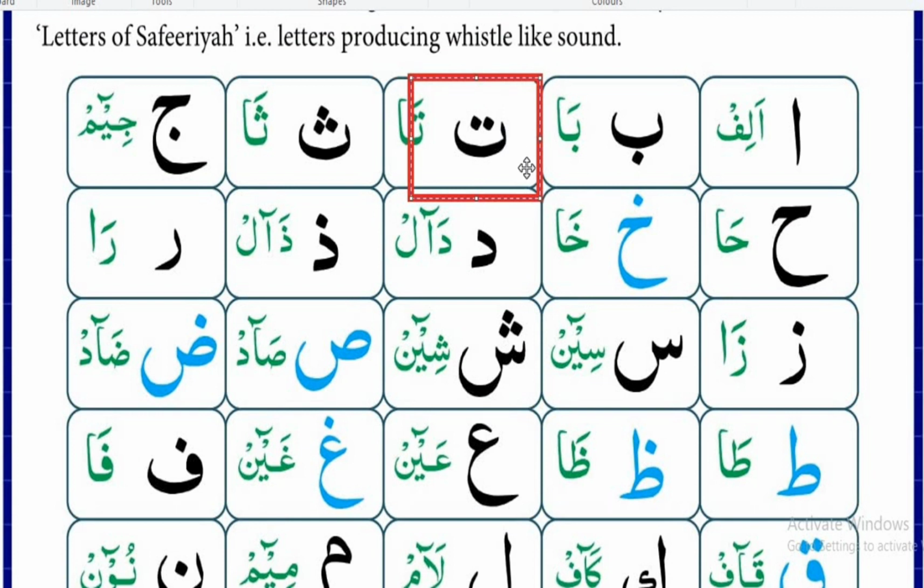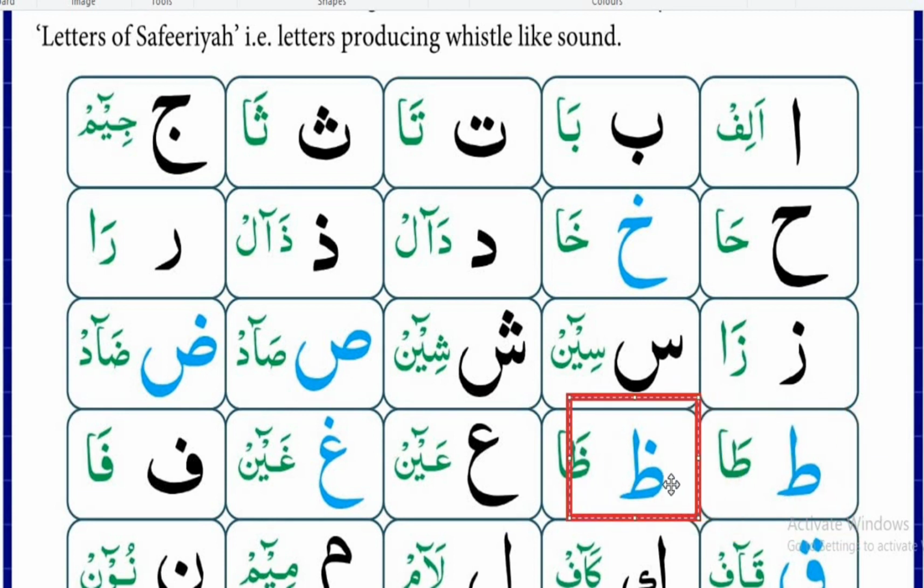That was ta, and this one here is twa. So the difference between the two sounds is that twa is more like a heavy sound, and ta was a light sound. So ta is a light sound and twa is the heavy one.